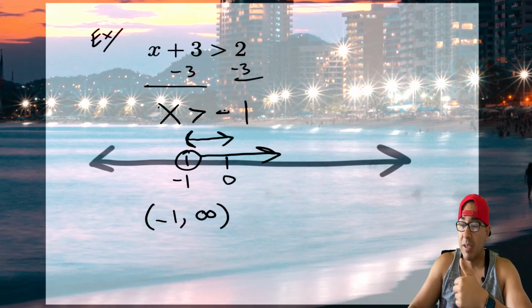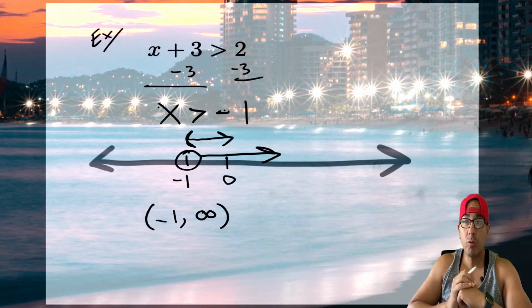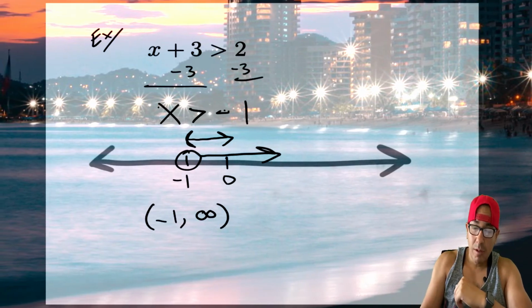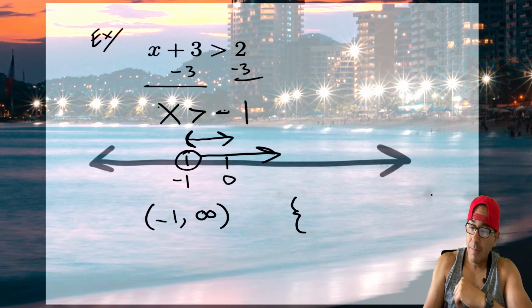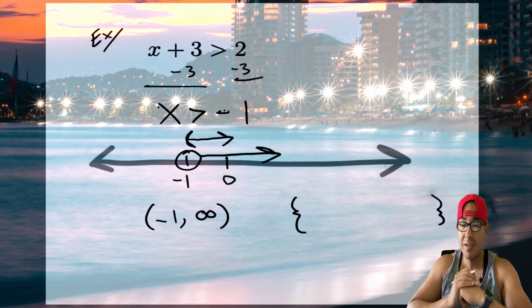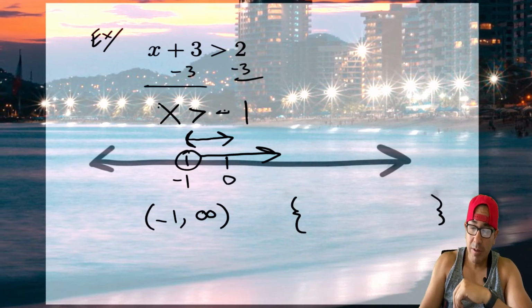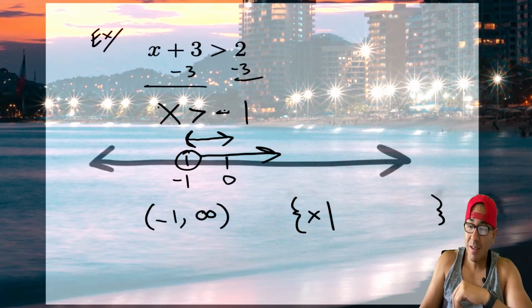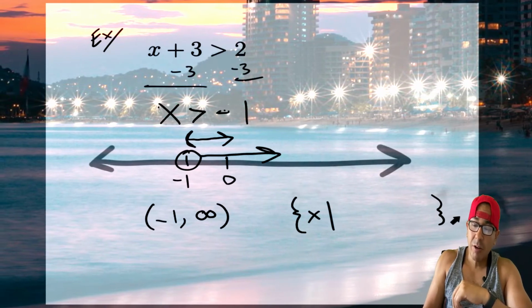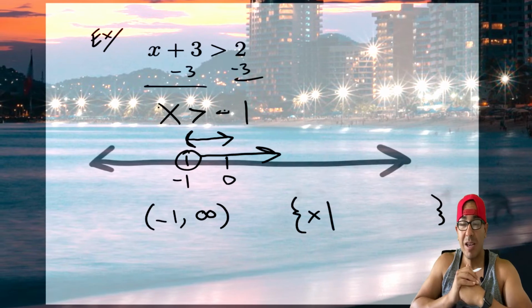And some of you might be asked to write it in set builder notation. The game plan, the blueprint I like giving my students, is to check out what your variable is. If your variable is x, this is going to be our standard blueprint. Just remember that notation.